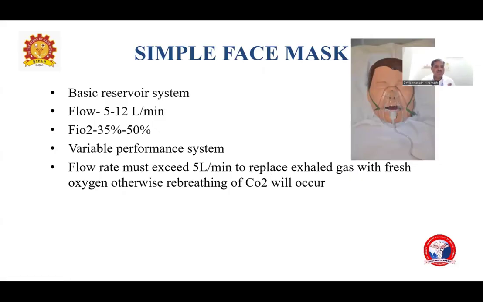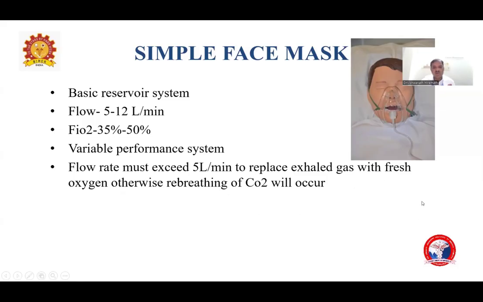Simple face mask, a basic reservoir system. The flow required is 5 to 12 liters per minute. It can provide FiO2 35 to 40%. Flow rate must exceed 5 liters per minute to replace the exhaled gas with fresh oxygen.